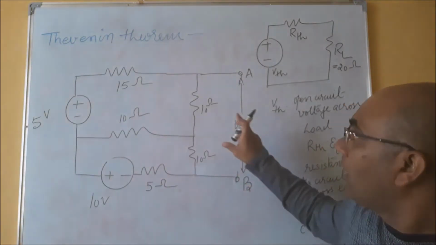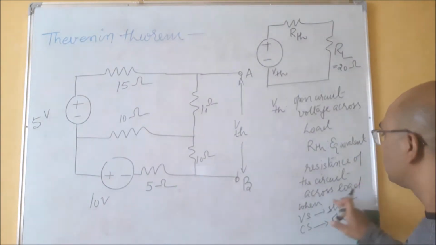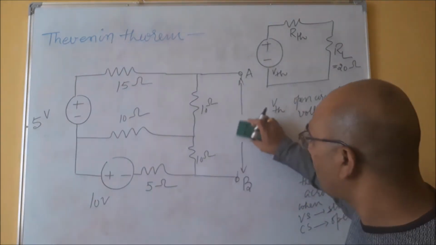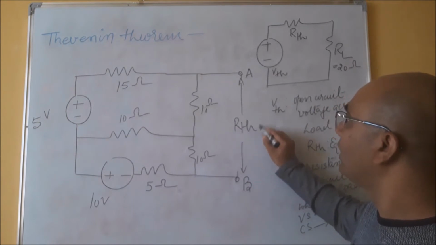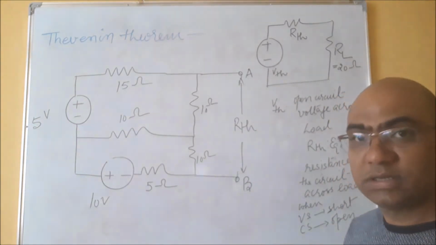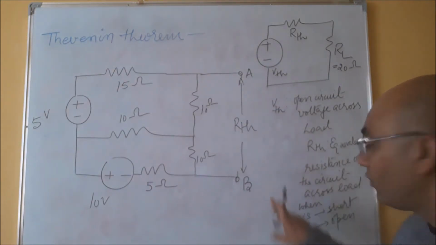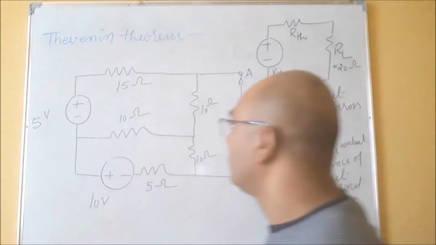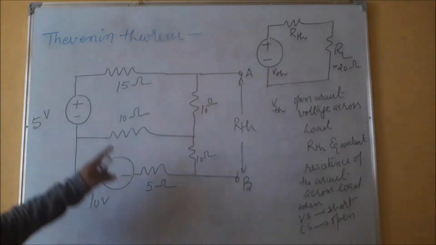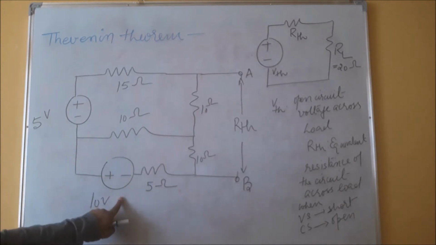Similarly, RTH is equivalent resistance across load. So this will be RTH. RTH will be the equivalent resistance across load, right? When voltage sources are short and current sources are open. So if you see the circuit, we have one voltage source here, one voltage source here.